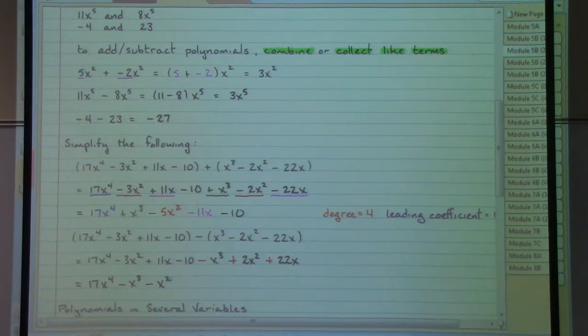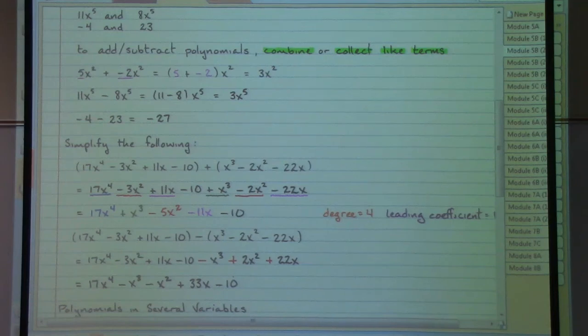Drop down again from a power of 2 to a power of 1. Power of 1 doesn't actually get written down very often. So what I'm really looking for is just a normal x. I have two terms with a plain x in them, plus 11x plus 22x, giving me the next part of my answer, plus 33x. And then any constants that appear, well, there's only one, the minus 10.